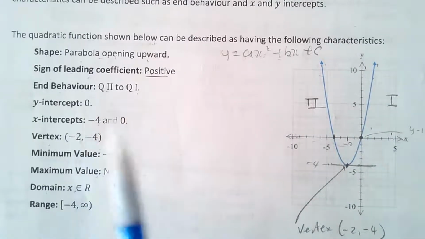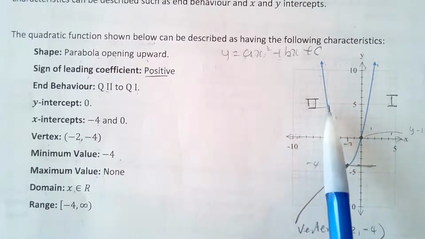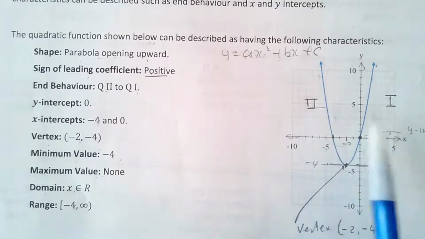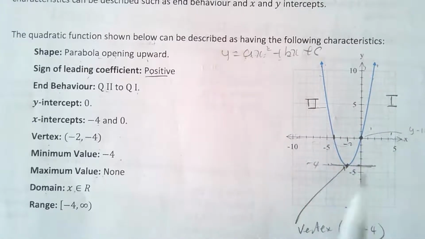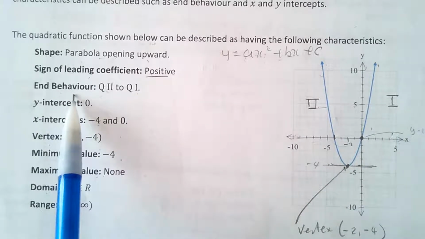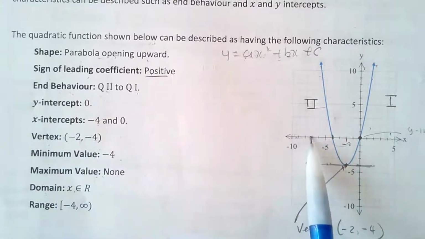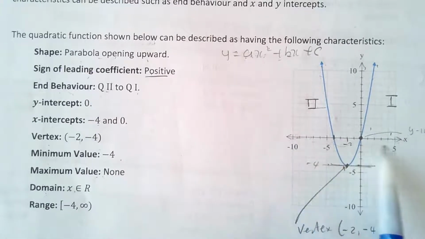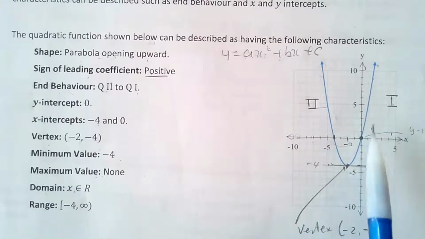The end behavior refers to the quadrants. It's going from quadrant 2 to quadrant 1. You record your end behavior by looking at your x coordinates and your y coordinates.